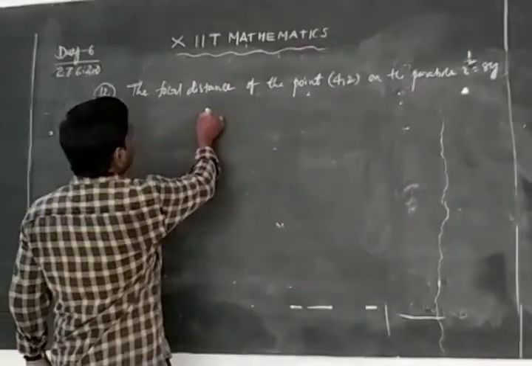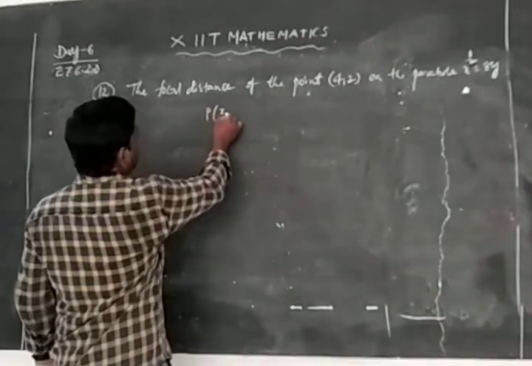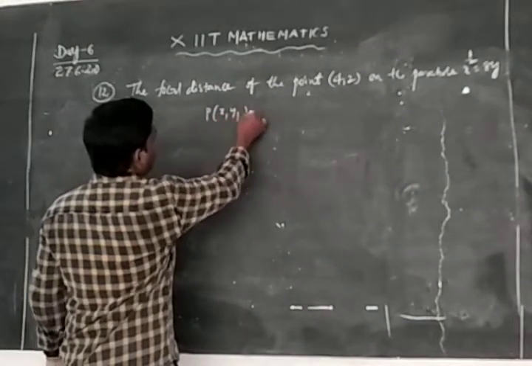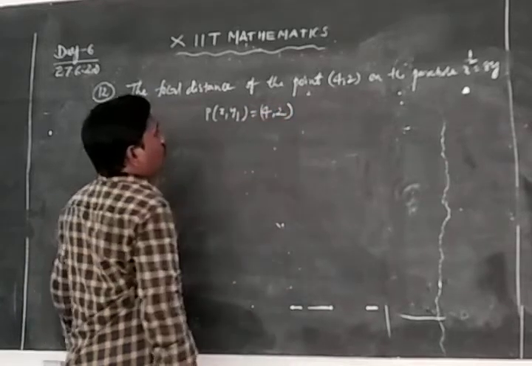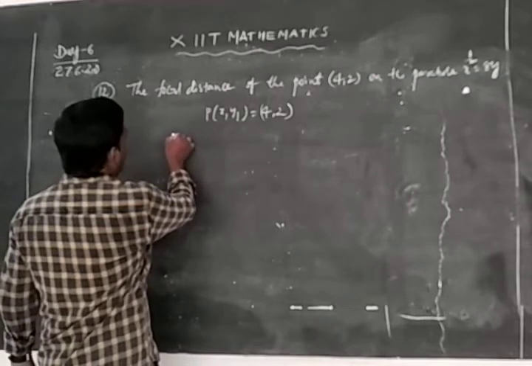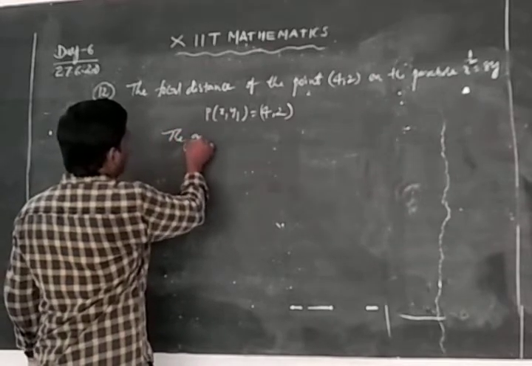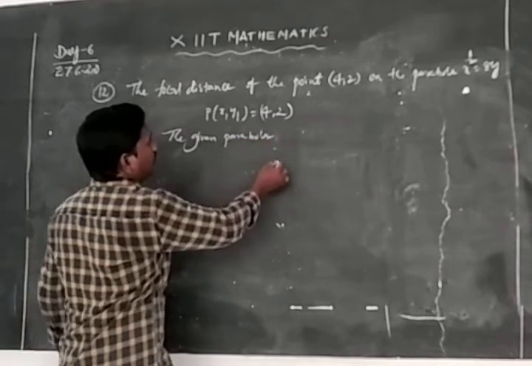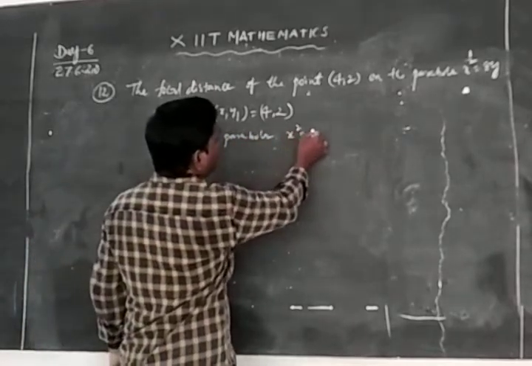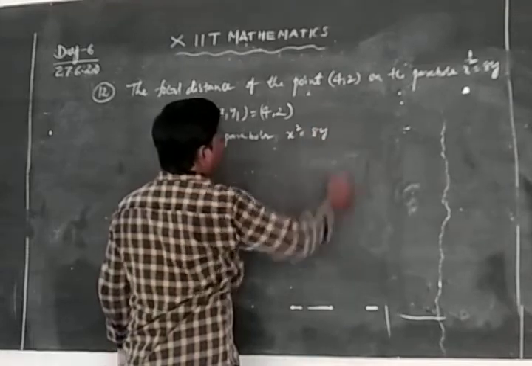Point P, x1 y1 equal to 4 comma 2. What is the parabola? The given parabola x square equal to 8y.